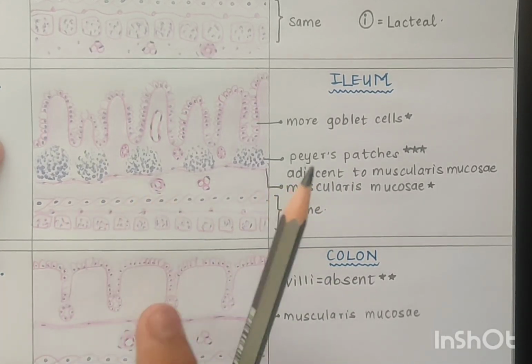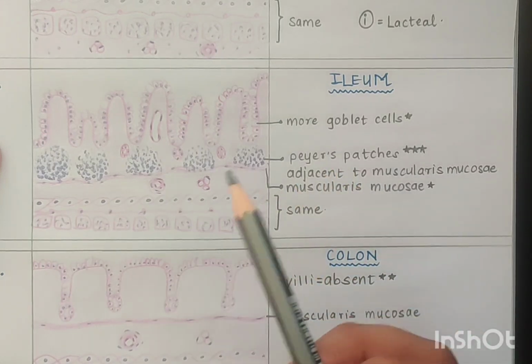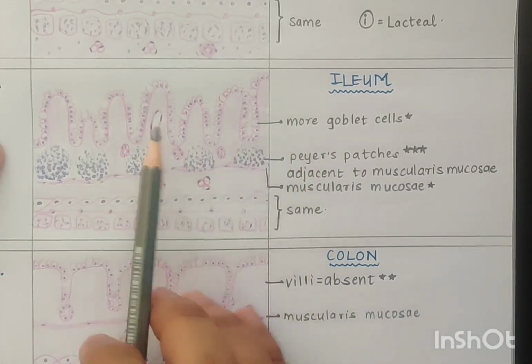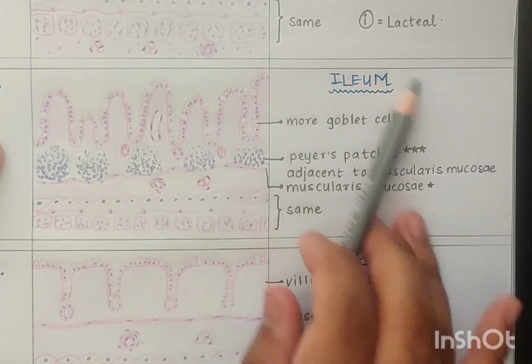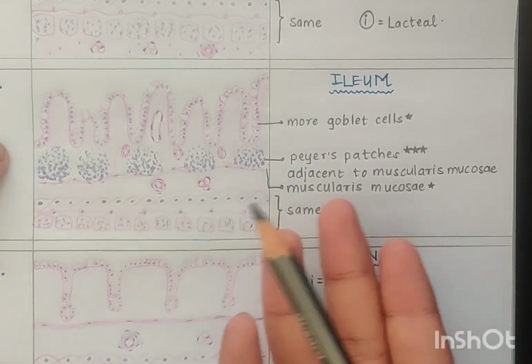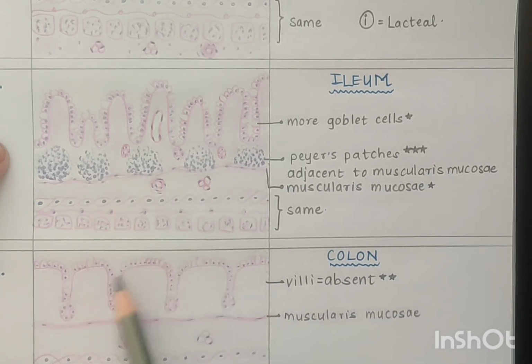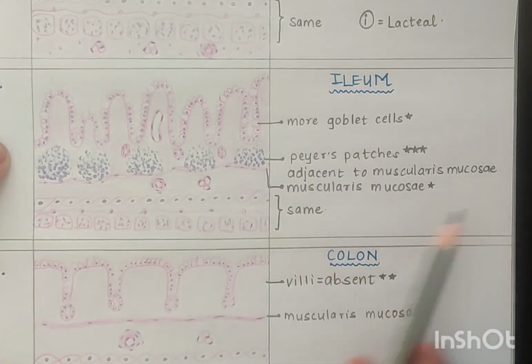The interesting clinical aspect of this is that whenever peptic ulcers usually occur, they will occur in the region of the ileum, and as oval patches. Now why is that? The answer is Peyer's patches, because these oval patches will be seen in the ileum.